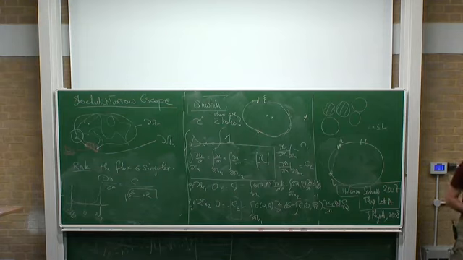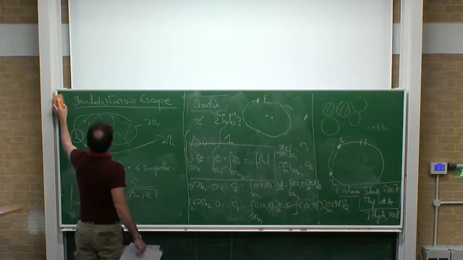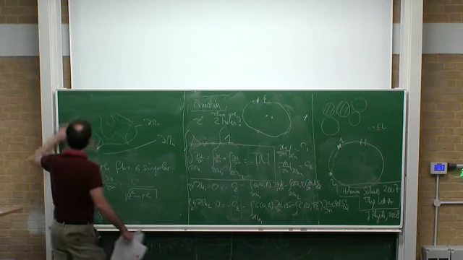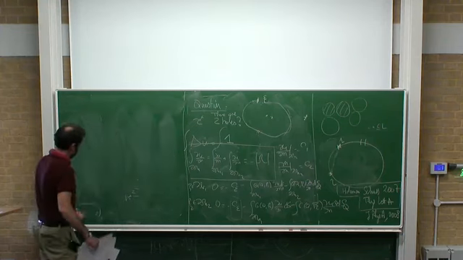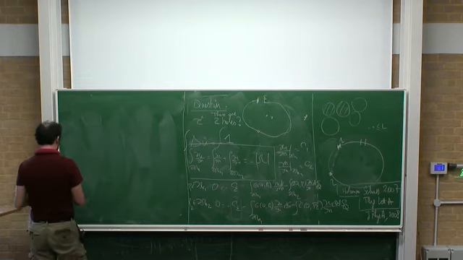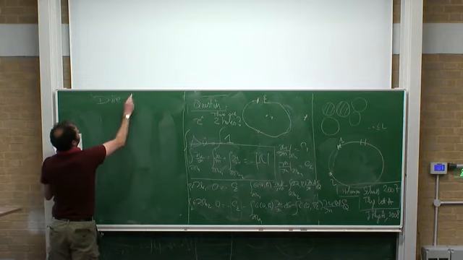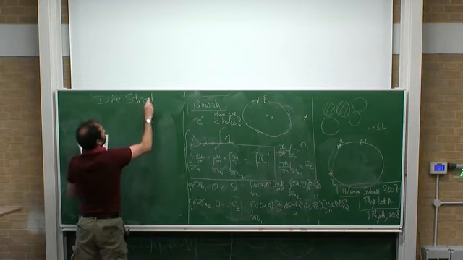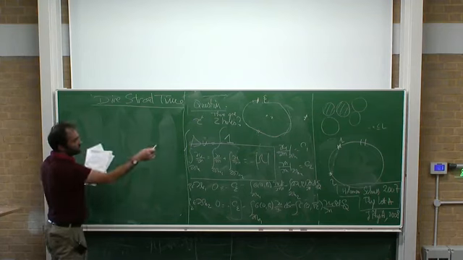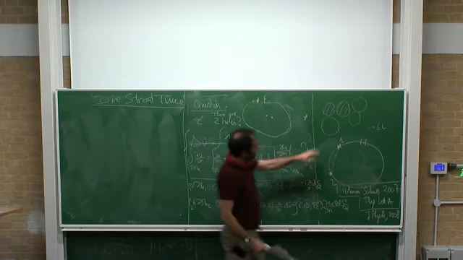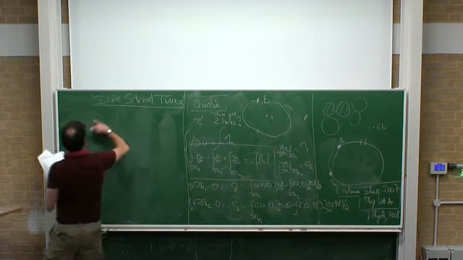Okay, so the last part of the class today is called the dire strait time. I already discussed it at the beginning. This is the time it takes to escape through narrow passages. So we ask the following question.